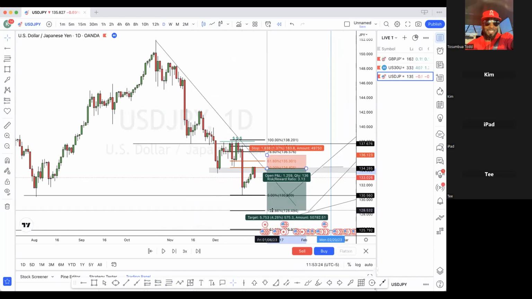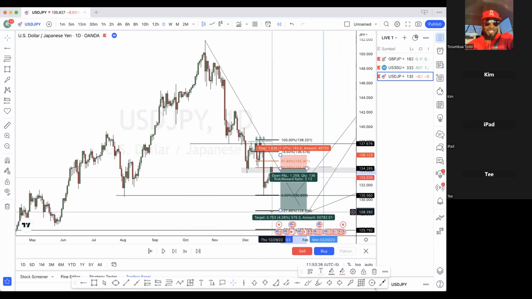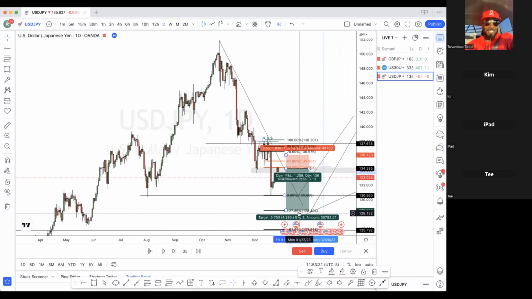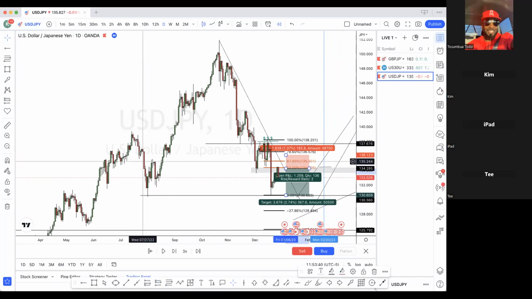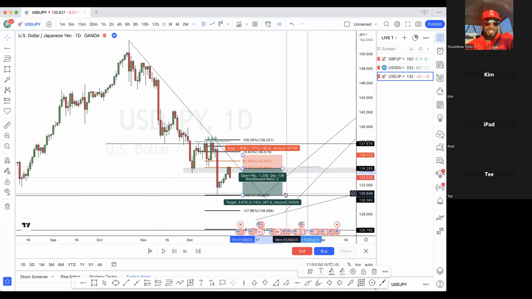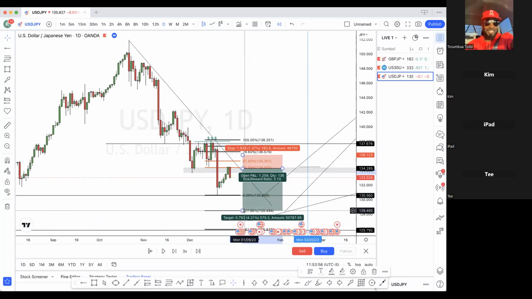But where's our target now? Now my real target was, this was the real target right here. So since price is bearish, this was the main macro swing low. You can either target this low again, this next low, as we did before when we targeted this low, or you can shoot for the negative 27.